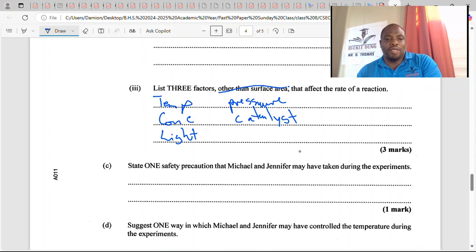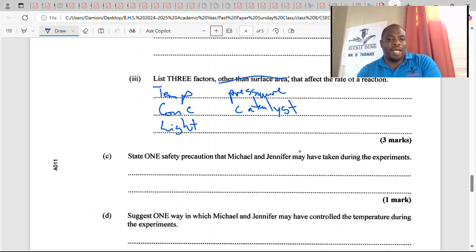State one safety precaution that Michael and Jennifer may have taken during this experiment. Safety precaution. We spoke about this. Michael and Jennifer are also utilizing, they were also using sulfuric acid. I remember we just spoke about precaution a while ago with the lab previously.